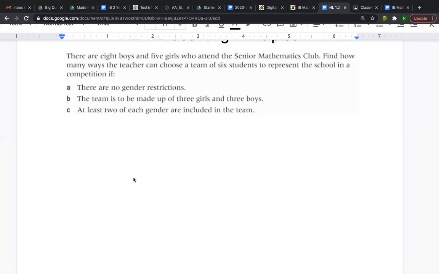So there are 13 different kids to choose from, and the team is only 6 people. So you can use the formula or plug it into your calculator. You should end up getting 1716.